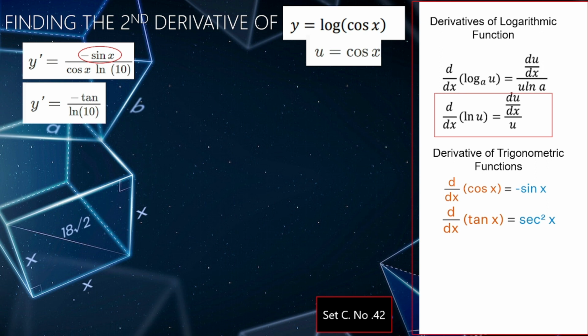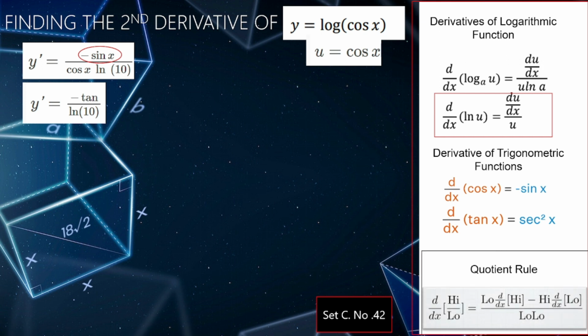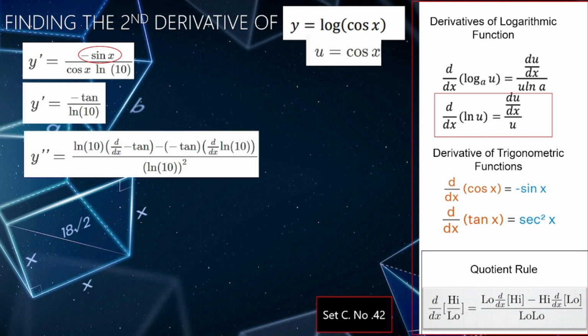To find the second derivative, we will use the derivative of u over dx over u, and the quotient rule, which is low d-high minus high d-low over low squared. Y prime is equal to ln 10 times the derivative of negative tan x, minus negative tan x times the derivative of ln 10, over ln 10 quantity squared.